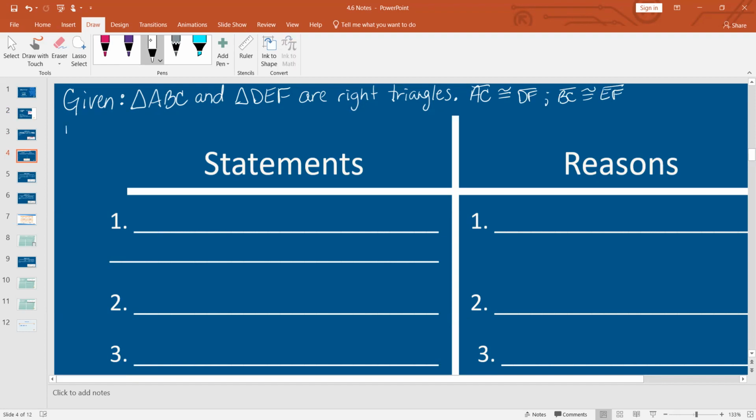Then they've asked us to prove that triangle ABC is congruent to triangle DEF.